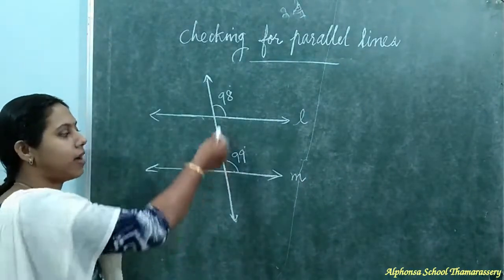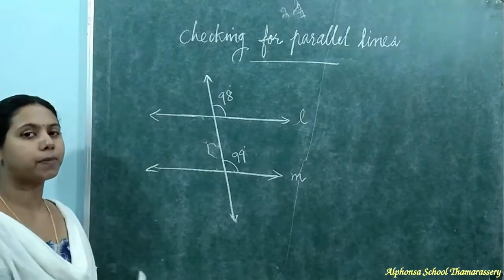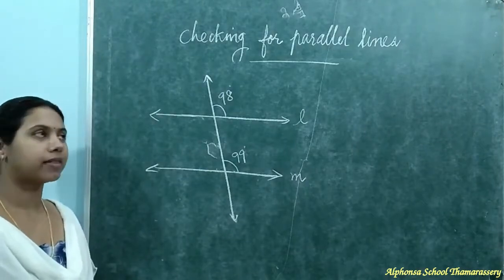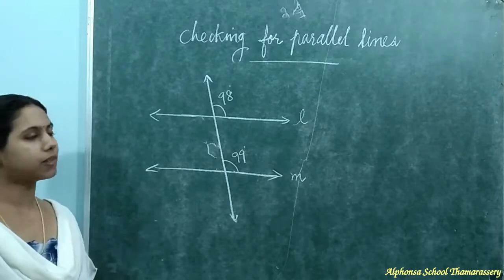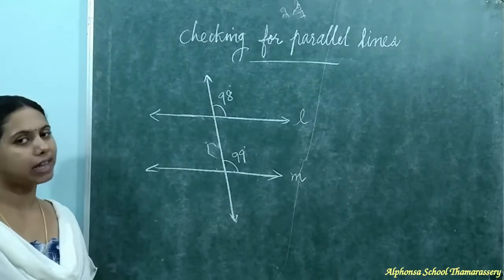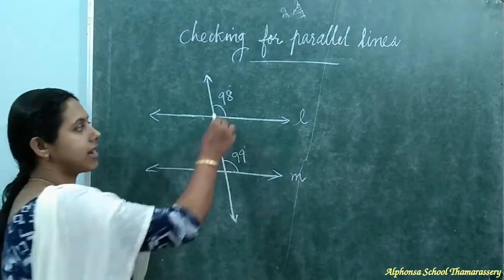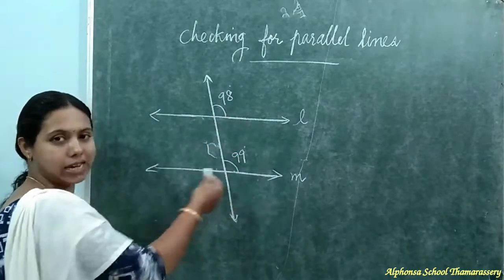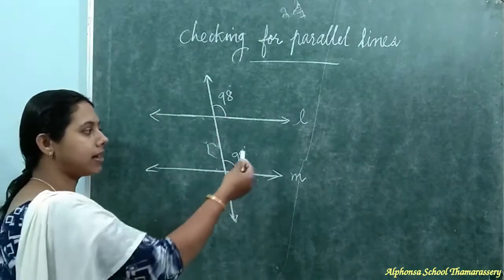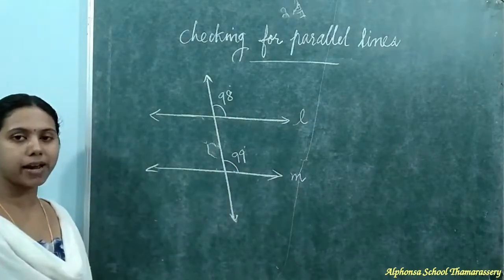Here two angles are given for you. What type of angle is given? They are corresponding angles. Look at this, observe these corresponding angles. Are they equal? No, one is 90 degrees, another one is 99 degrees. They are not equal. So can you say that line L is parallel to line M?